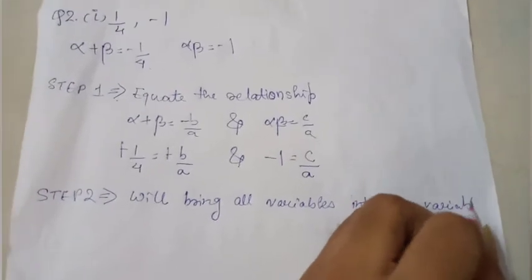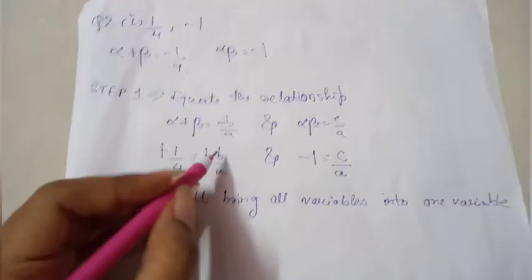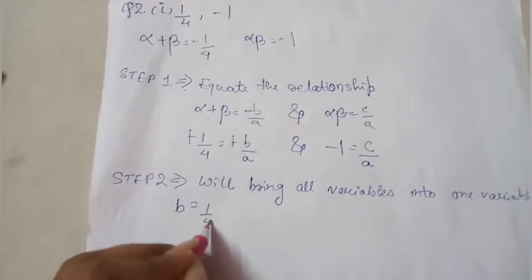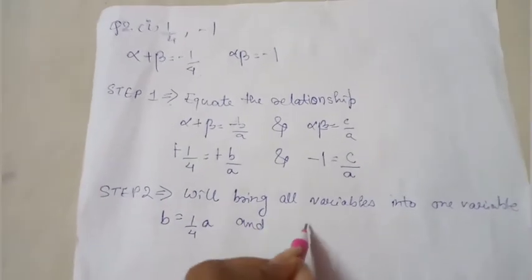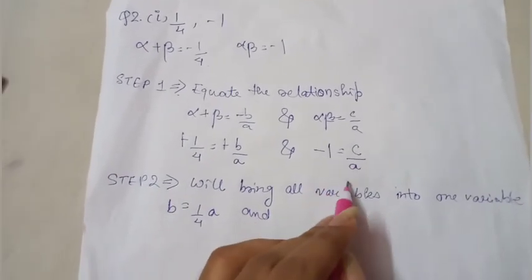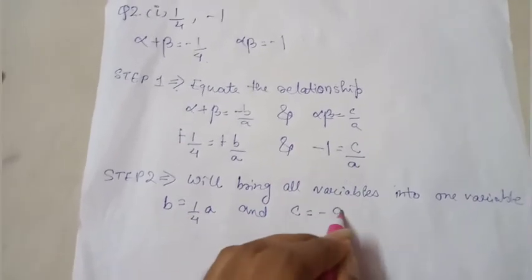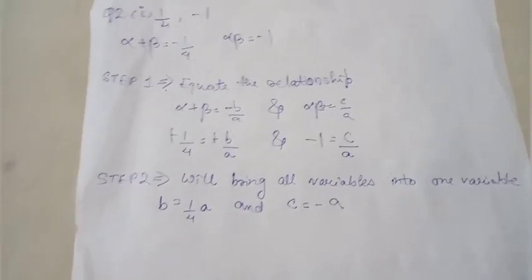Now what does this sentence mean? It means that we'll write b in terms of a, that is 1 upon 4 a, and similarly we'll write this c in the form of a. c is equal to minus a. Okay, so we wrote both in terms of a.